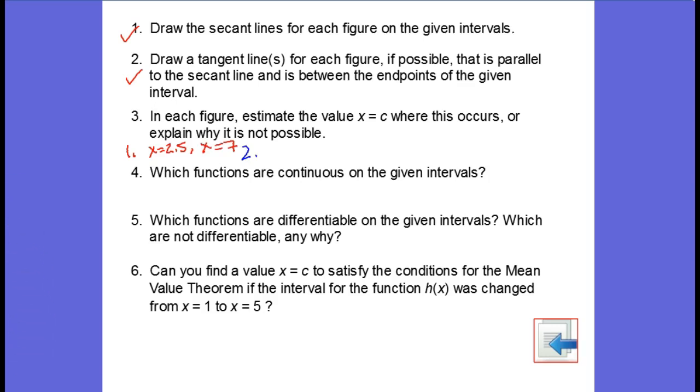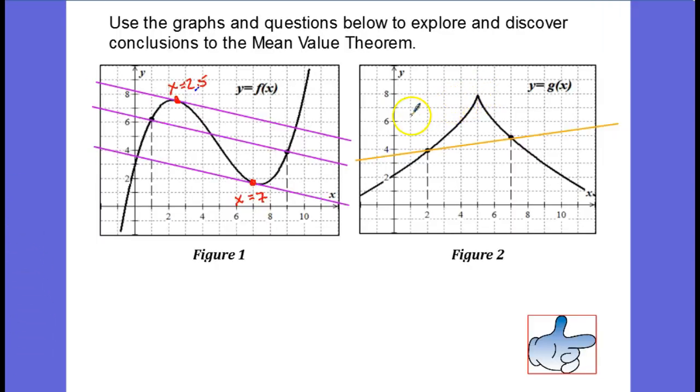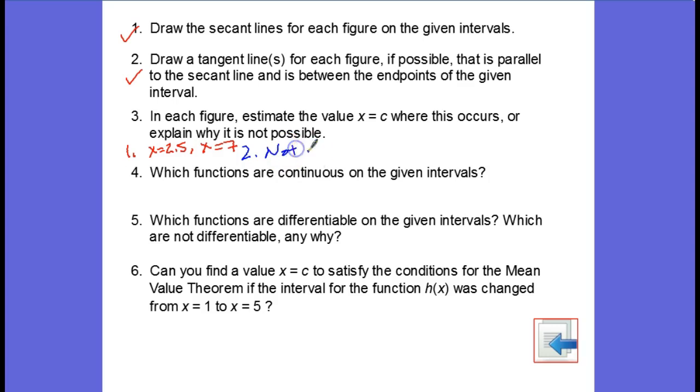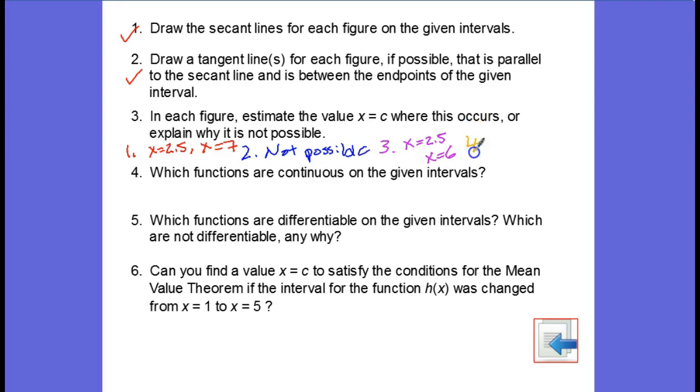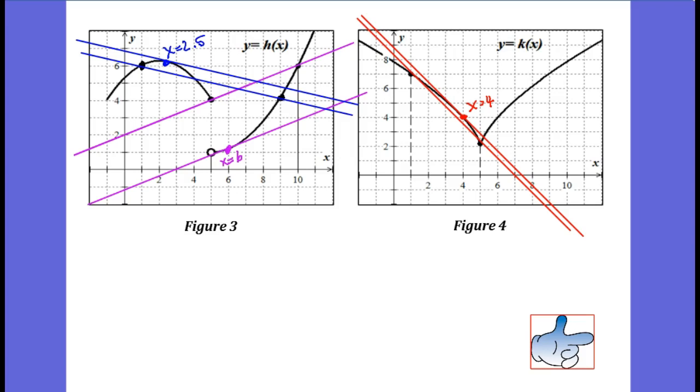In figure 2, we were not able to sketch a tangent line because we did not have a differentiable point that was parallel to our secant line. So that was not possible. In figure 3, we again had x equals 2.5 and then x equals 6. And then finally in figure 4, we had x equals 4.